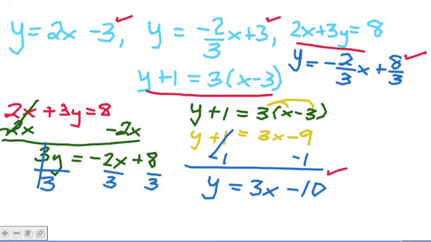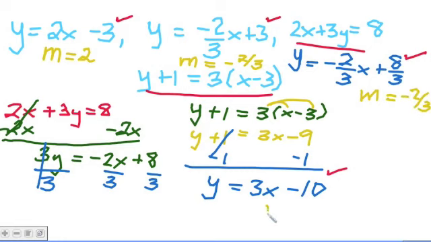So which ones are the same? So let's come in here. My slope on this one is 2, because that's the number that's right in front of the x. My slope here is negative 2/3. My slope here is negative 2/3.